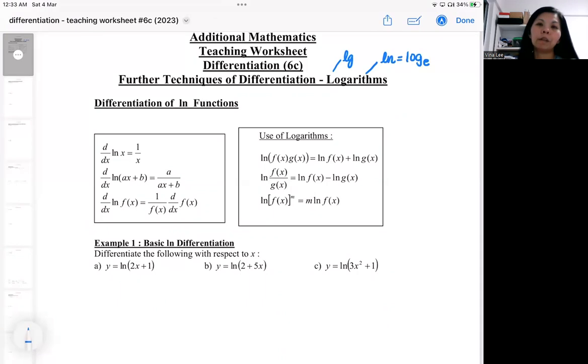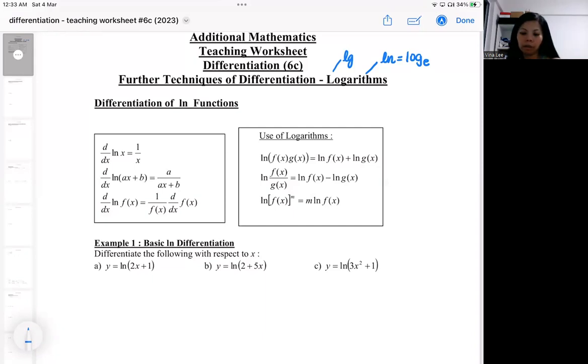Usually they won't ask you to differentiate LG, but if you are really asked to differentiate LG, it will involve some amount of change of base. So anyway, now we will not focus on LG first. We'll be focusing on LN.